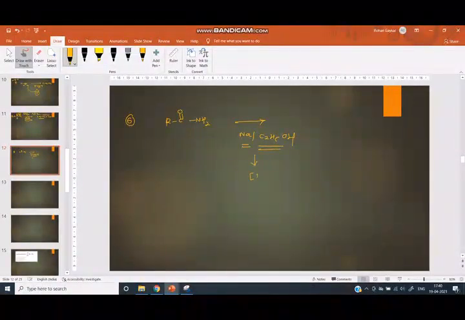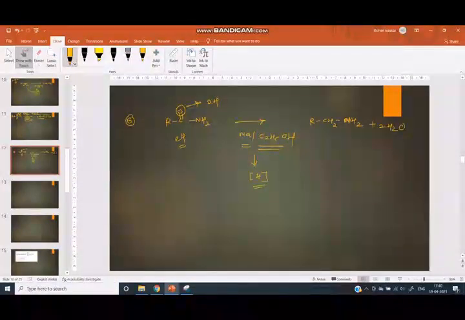It gives nascent hydrogen. It removes the oxygen in the form of water. Here we add two hydrogens and we get RCH2NH2 and 2H2O.